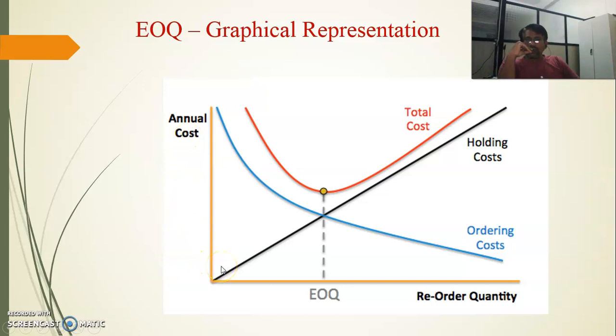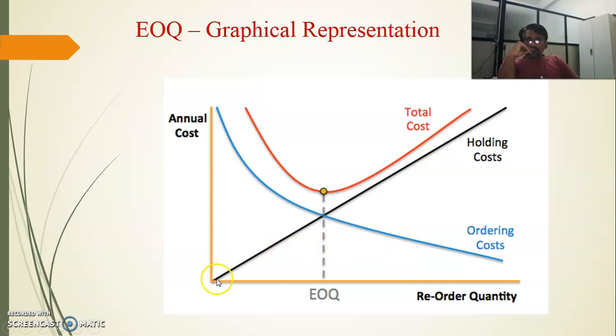Now, as we order more pieces in a year, the purchase cost is definitely going to decrease, and if the order quantity is more, the ordering cost will be less. So this blue line represents the ordering cost, and its negative slope represents that as the quantity increases, the cost decreases.